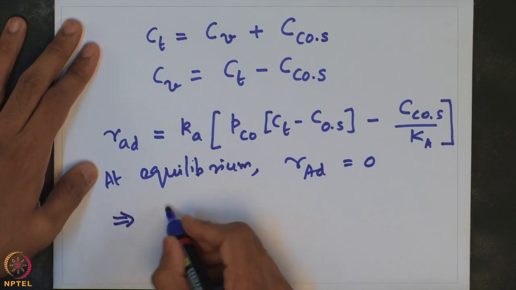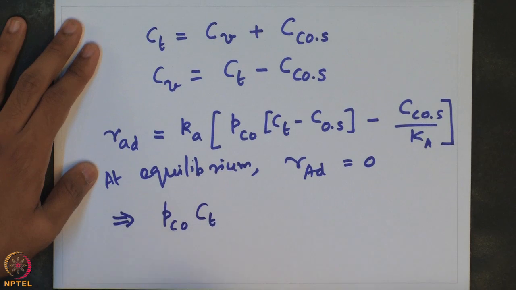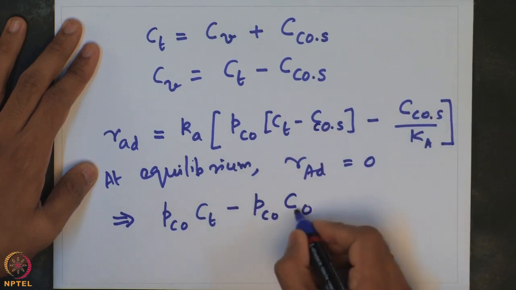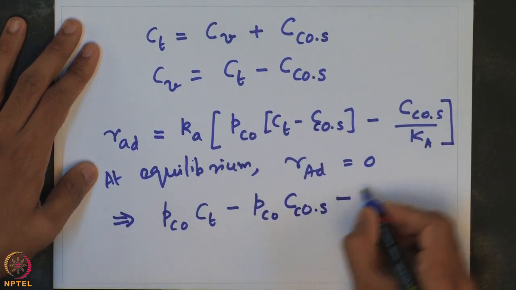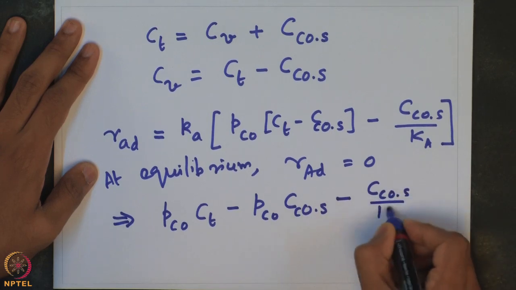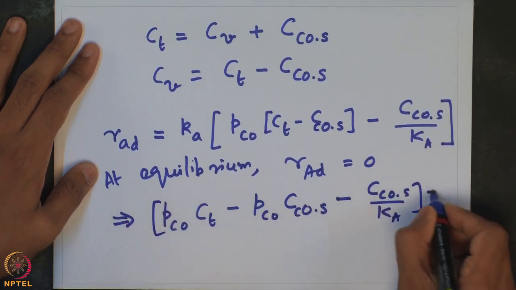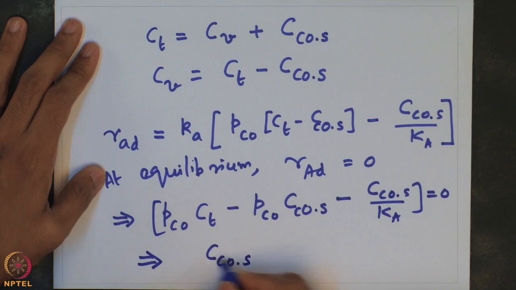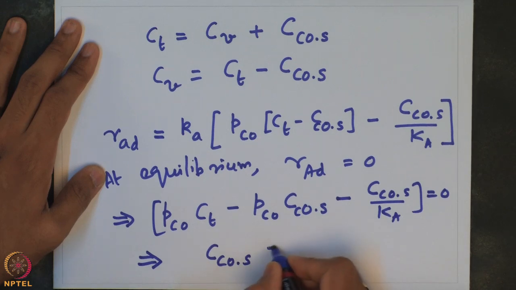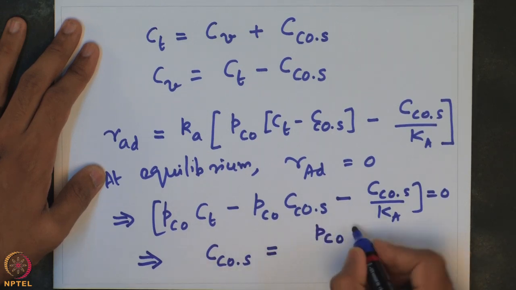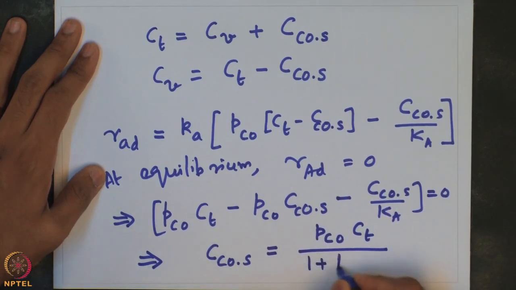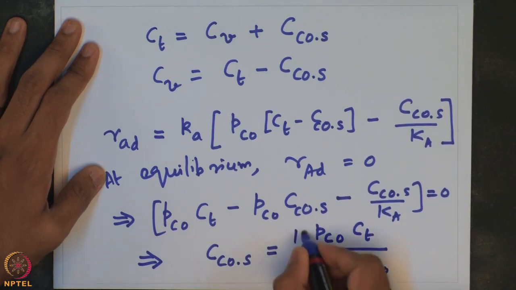So, from here, P_CO into C_t minus P_CO into C_COS minus C_COS divided by K_A is equal to 0. We can deduce that C_COS, the concentration of adsorbed CO on the active sites, is equal to K_A P_CO C_t divided by 1 plus K_A P_CO.